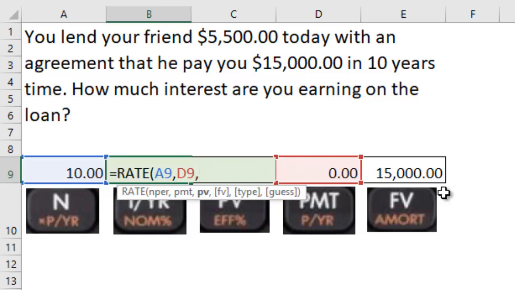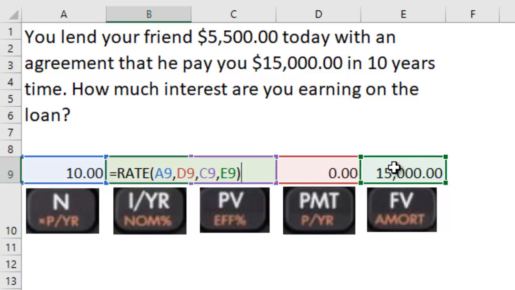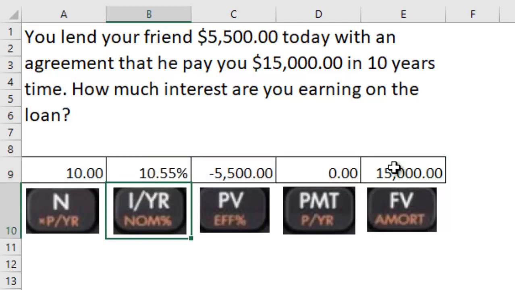So we can either just type C9 or we can click in D9 and push the left arrow. The future value, 15,000, E9. Close the brackets and enter. 10.55%, which agrees to the calculator.